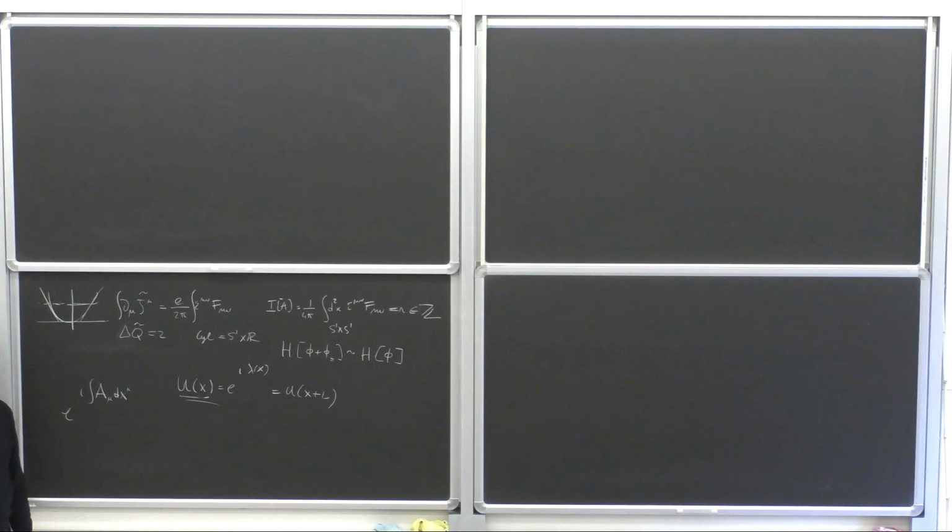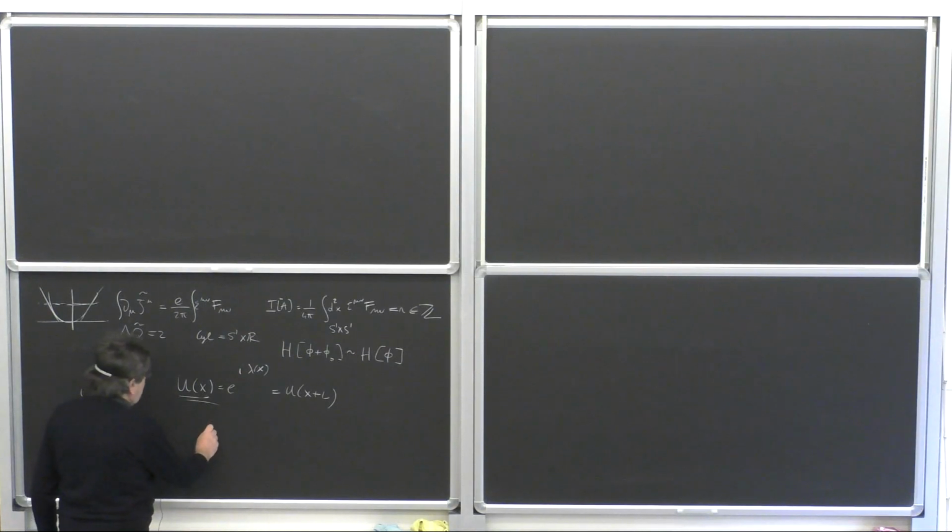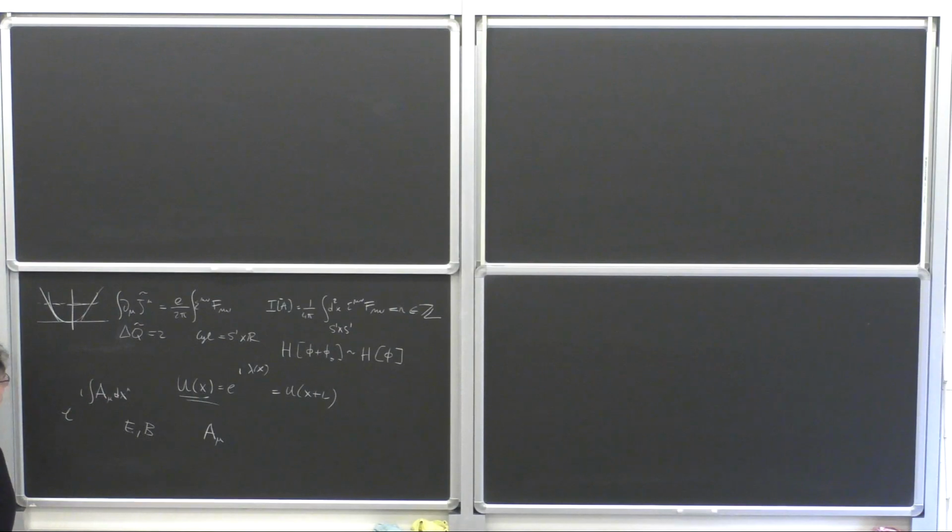In classical physics everything depends only on the electric and magnetic fields. In quantum mechanics something also depends on a mu, not only on E and B, but it is in the exponent.